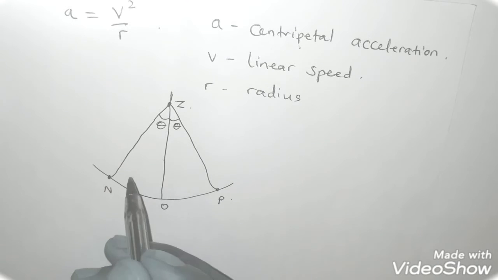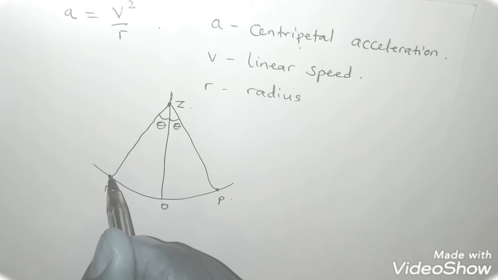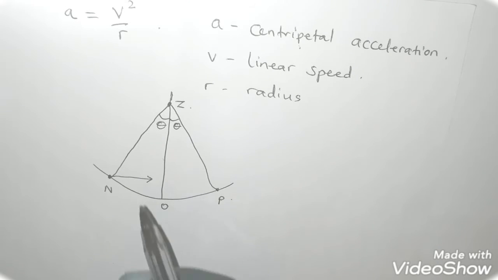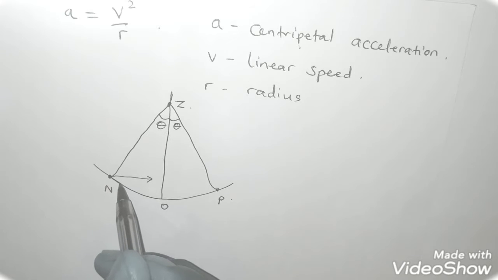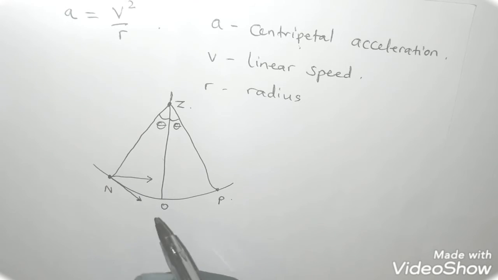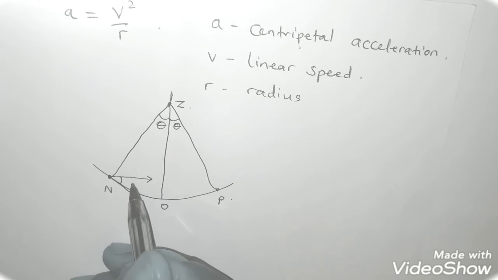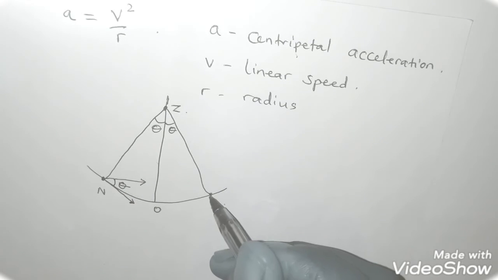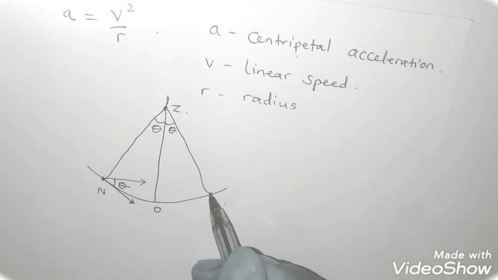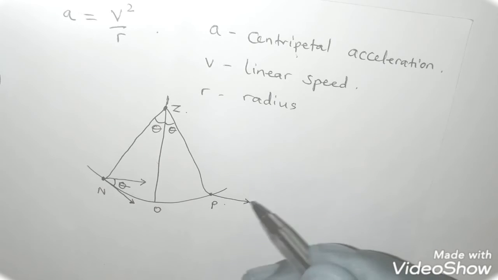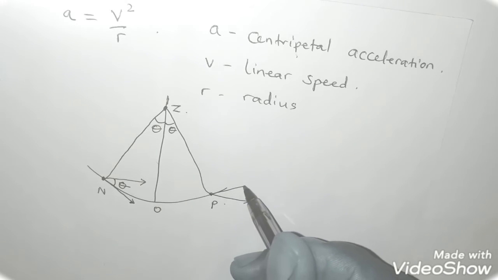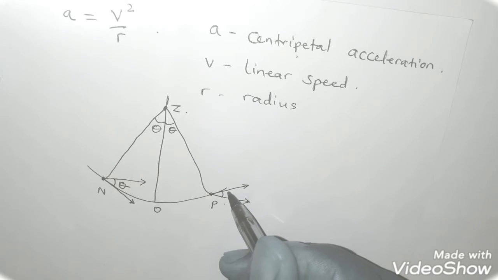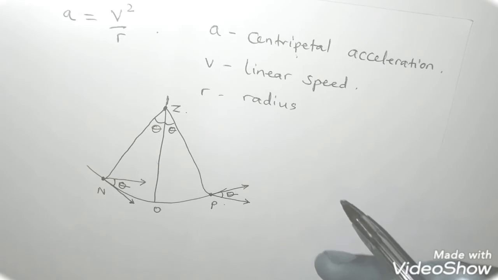Now if we draw a horizontal line, it would make an angle theta with the direction of the particle at point N. The same applies to point P. If we draw a horizontal line, it would make an angle theta with the direction of the particle at that point.